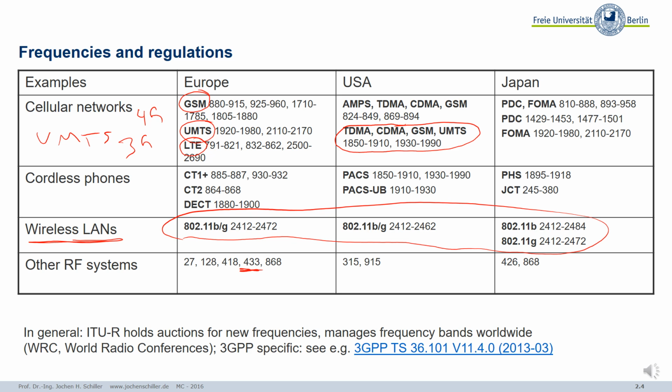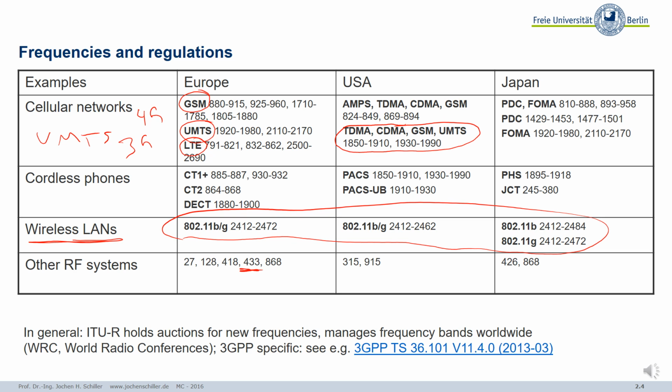We have the situation right now in Germany. Maybe you heard that it starts now and it continues till next year. The classical, so to say, digital television will go away. The DVB-T will be replaced by DVB-T2, operating with a different technology on different frequencies. So you have to buy new devices. And then we can reuse the frequencies.